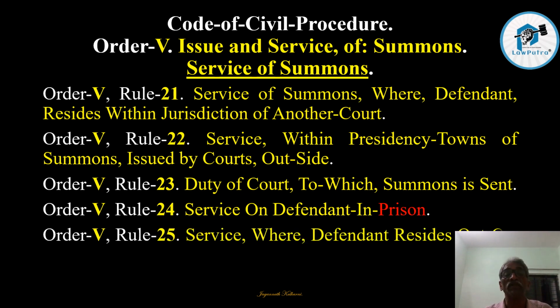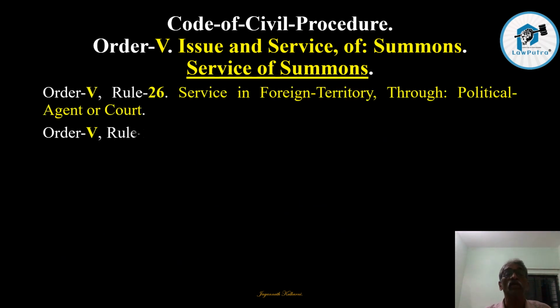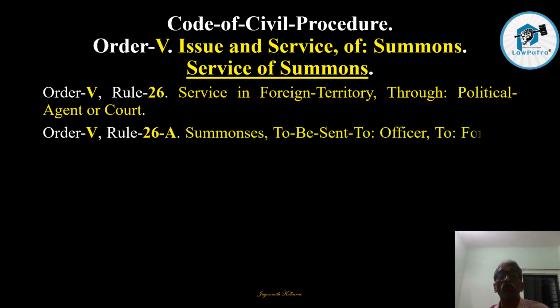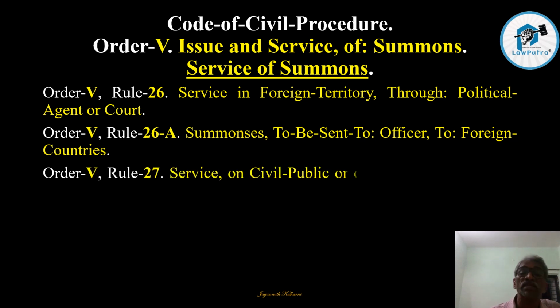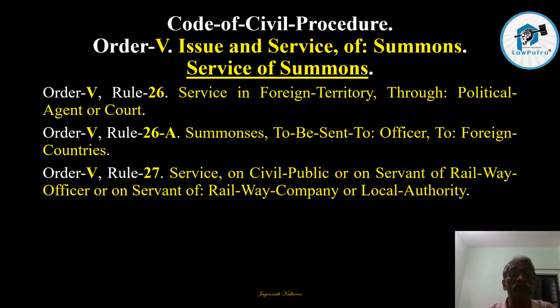Then Rule 25 talks about service where defendant resides outside India and has no agent here in country. Then Rule 26 about service in foreign territory through political agent or court. 26A talks about summonses to be sent to officer to foreign countries. 27 talks about service on civil public or on servant of railway officer or on servant of railway company or local authority.